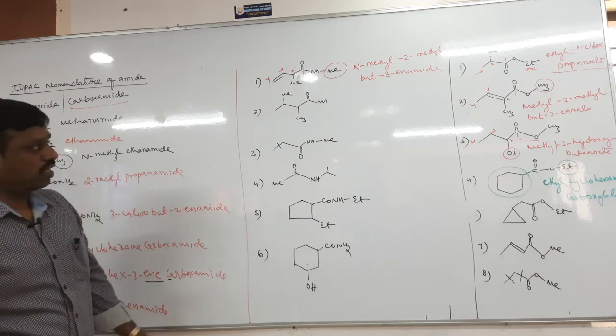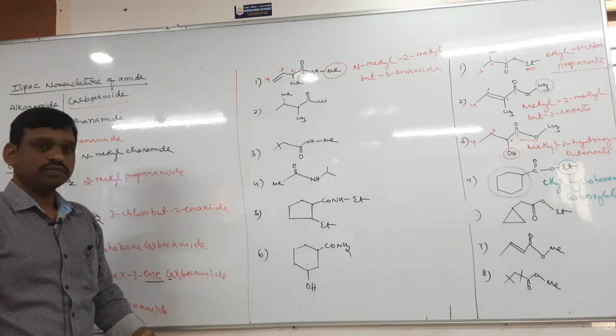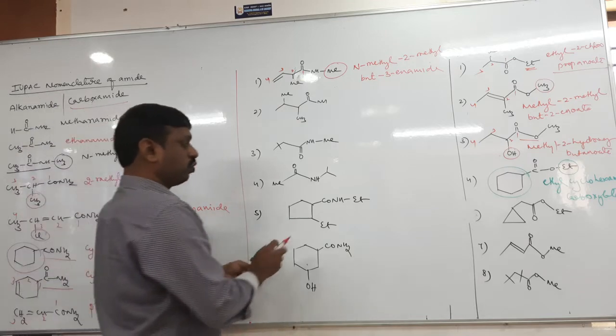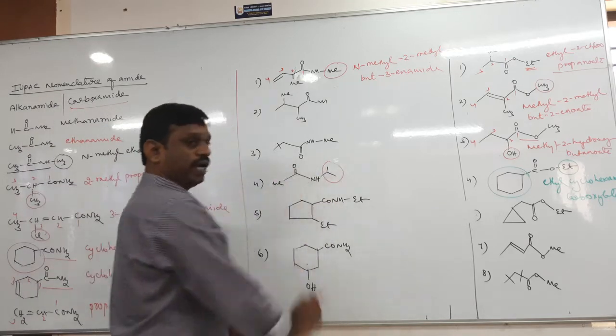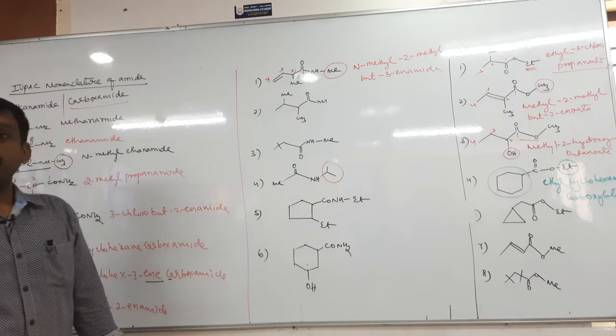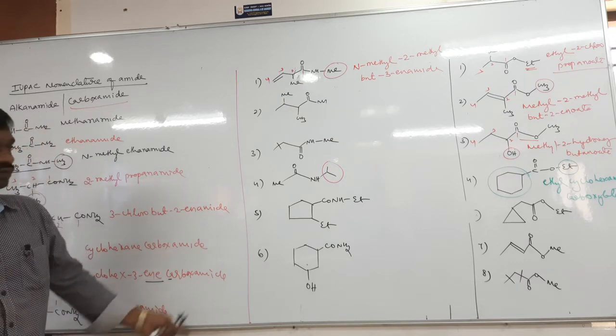Okay, so like that, can you write the remaining all? Fourth one, you take, this is an isopropyl. Okay, N-isopropyl.